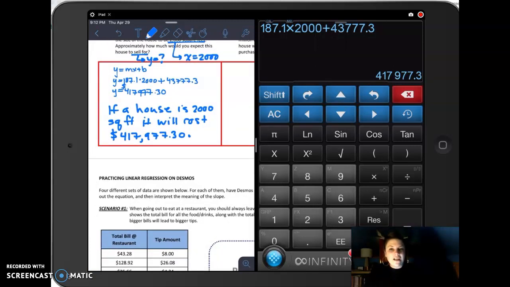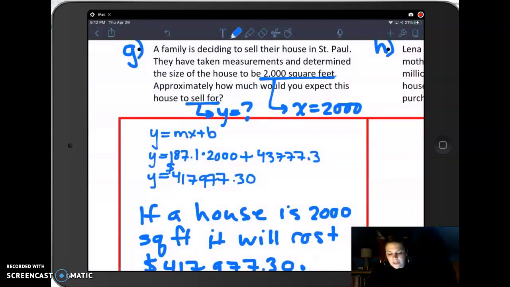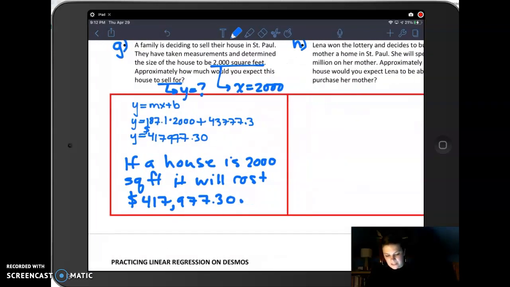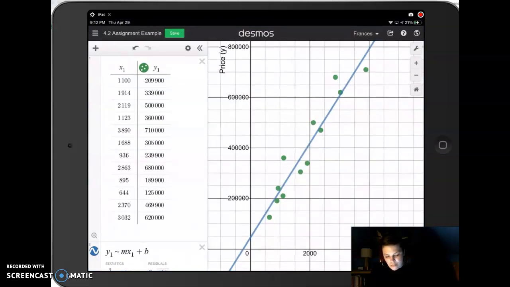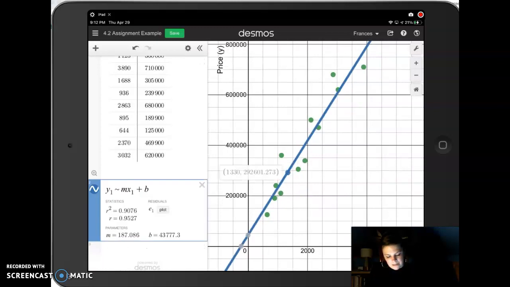And we can check our answer to that. So let's get rid of this calculator. We're going to go back over to the Desmos that we created. And what we can do is tap on this line and scroll until our X hits 2,000, and it's kind of hard to get right.